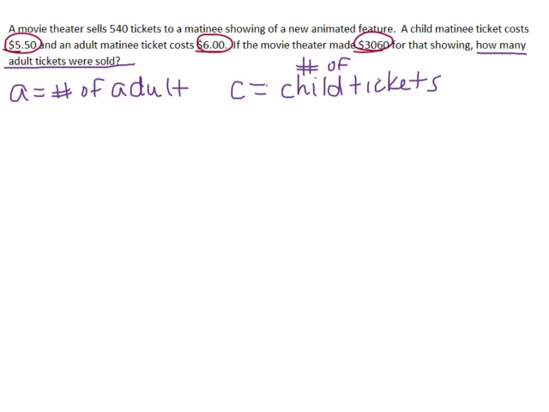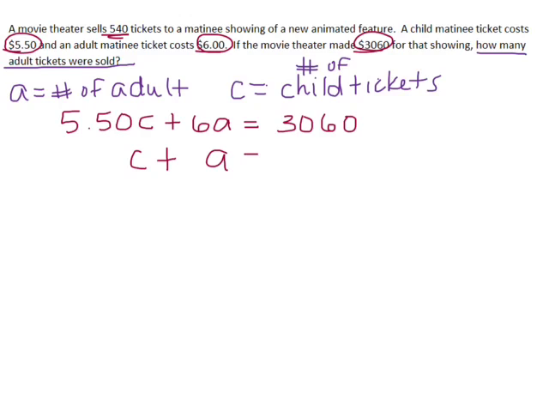So that would be 5.50C plus 6A equals 3,060. The second fact in this problem is the fact that they sold 540 total tickets. So that means that the child tickets plus the adult tickets equals 540.